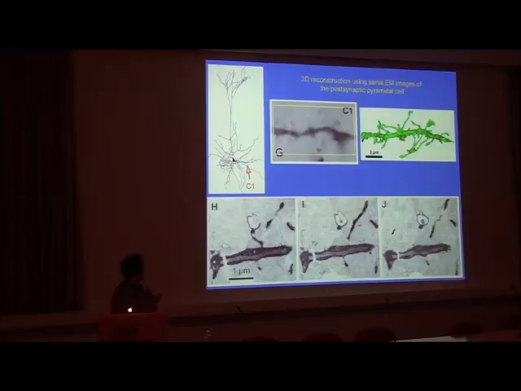So we really picked the right dendritic position for the 3D reconstruction. And this part is C1, and we found that there is no synaptic contact by this first terminal onto the dendrite of the postsynaptic pyramidal cell. But this one got synaptic contact on the other process.